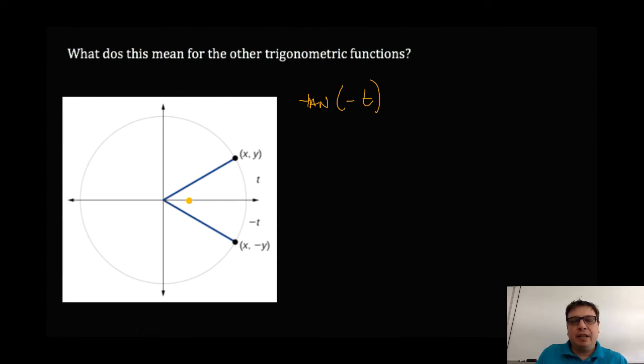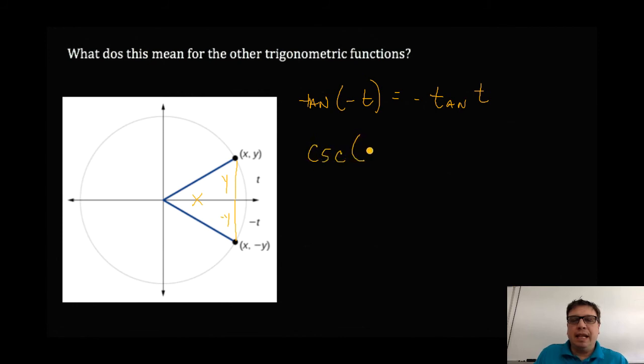But down here, it's again the opposite, which is negative, divided by the x value, which is its adjacent. So here, this is negative y. Here, this is a positive y. So if I put in tangent of a negative t, opposite divided by the adjacent, and the adjacent is x, I'm going to end up with a negative value. So this will be negative tangent t.